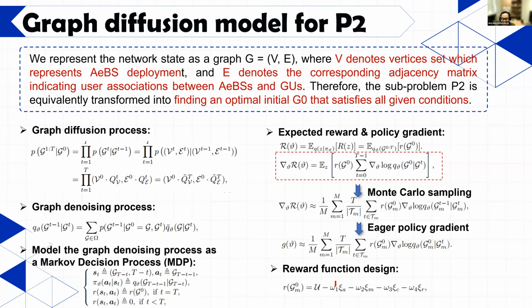So we define the expected reward and policy gradient, and we use Monte Carlo sampling and the eager policy gradient to obtain the different options for the exploration. And we define the reward function as the combination of the different loss functions in the network.